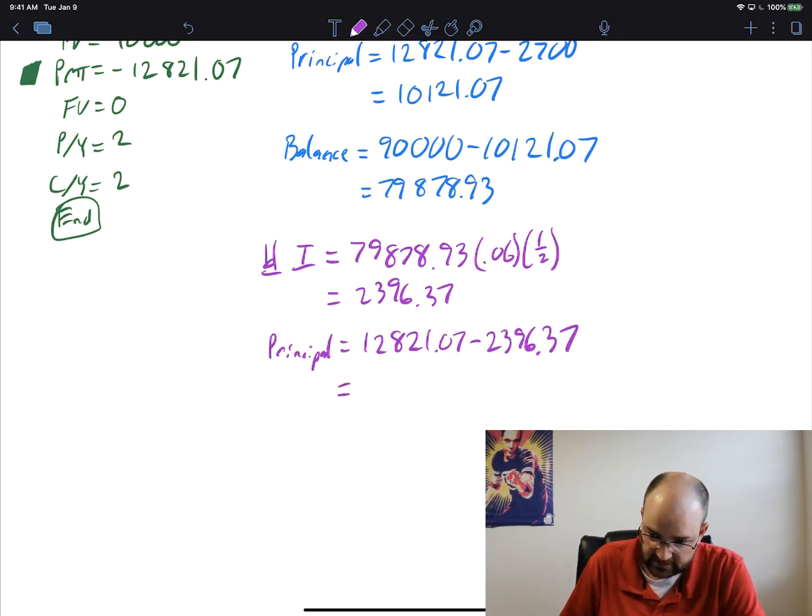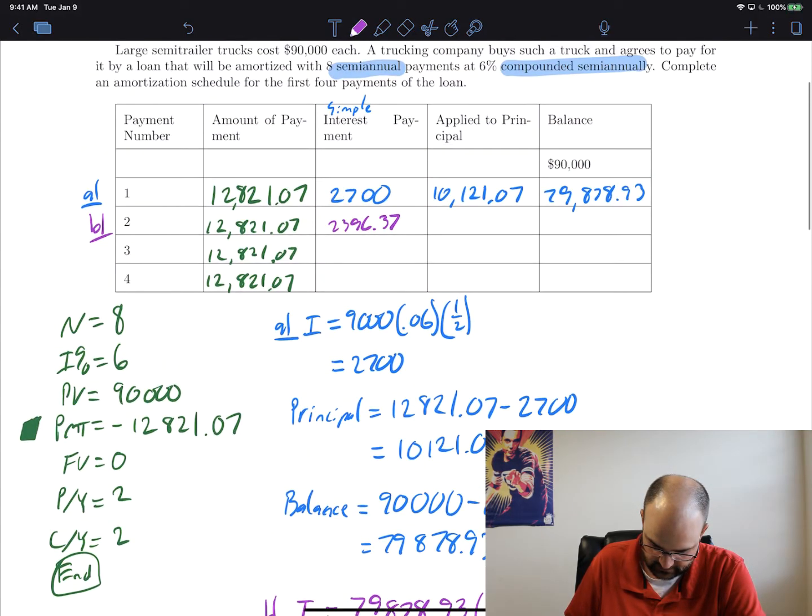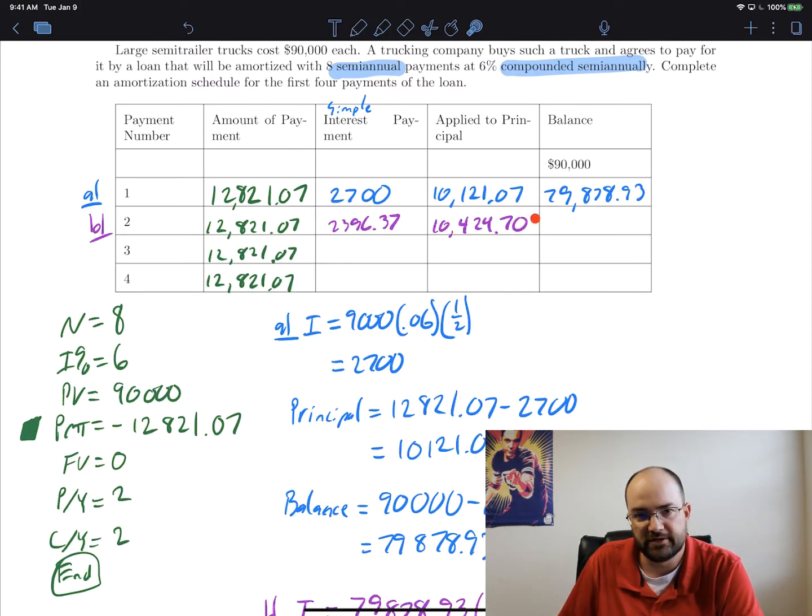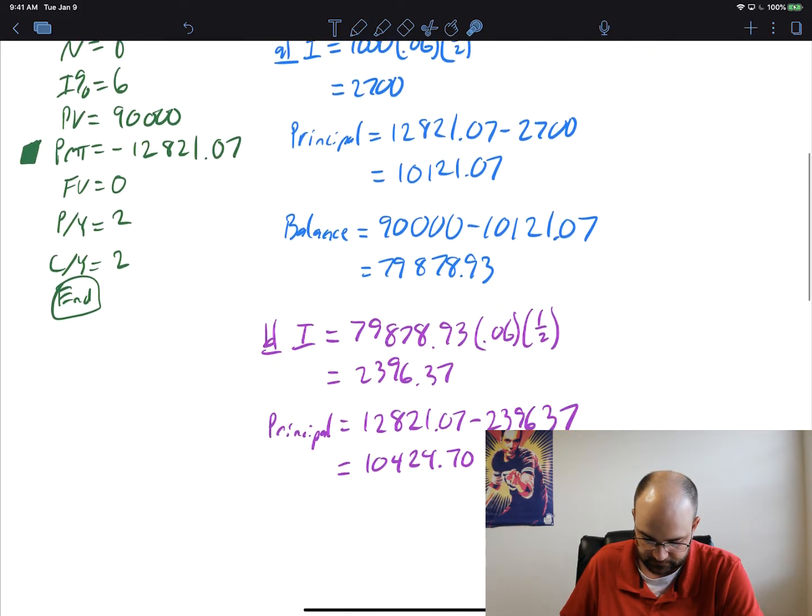And that gives me $10,424.70. Notice that the amount applied towards the principal has now increased. That's important to remember. That should always be increasing. Because now I can take this amount, subtract off this amount, and that'll give us a new balance.